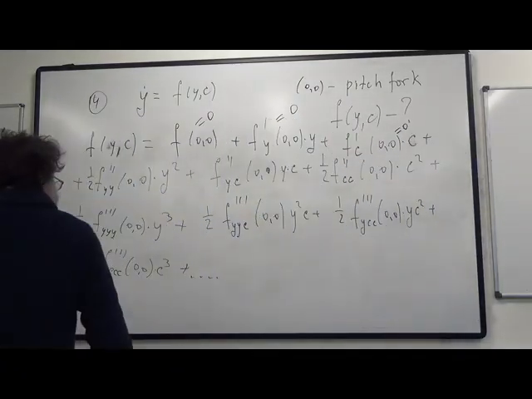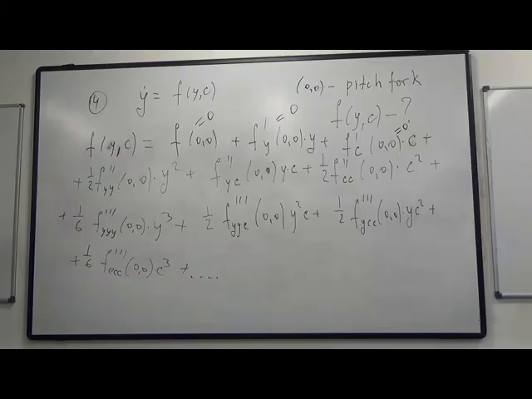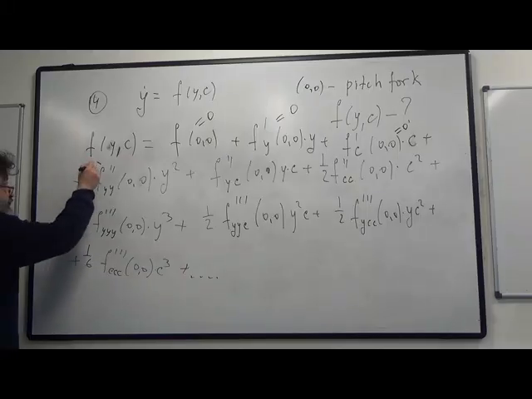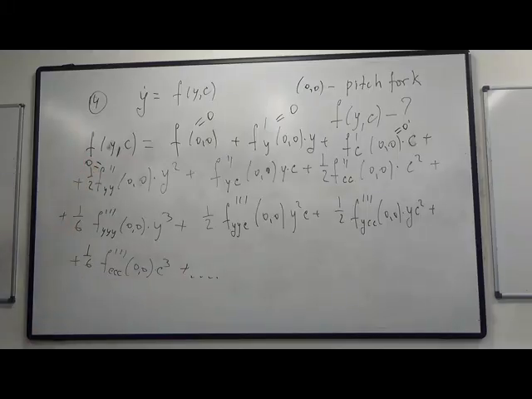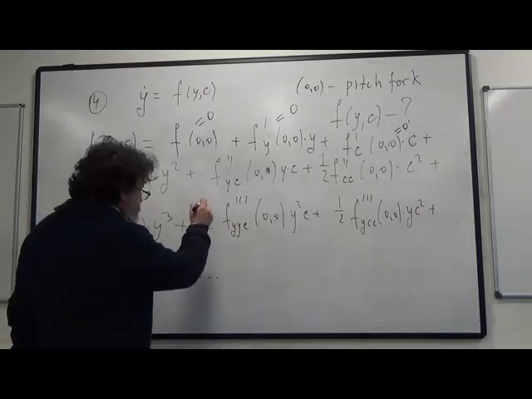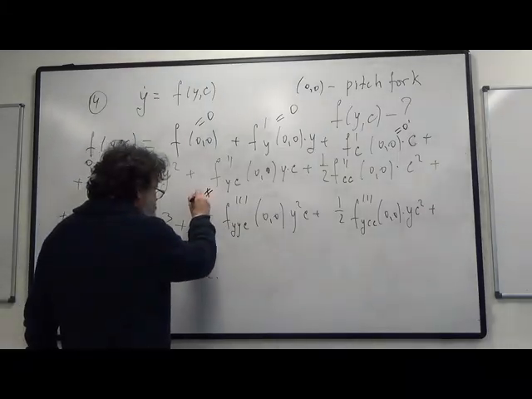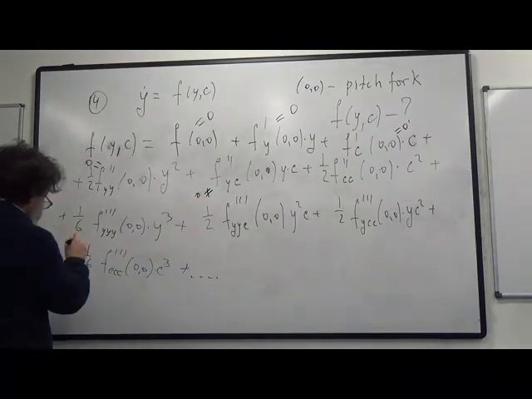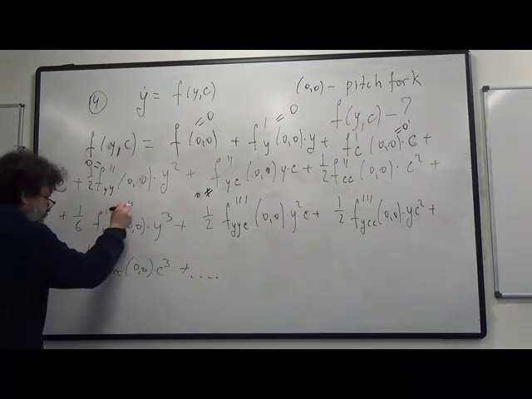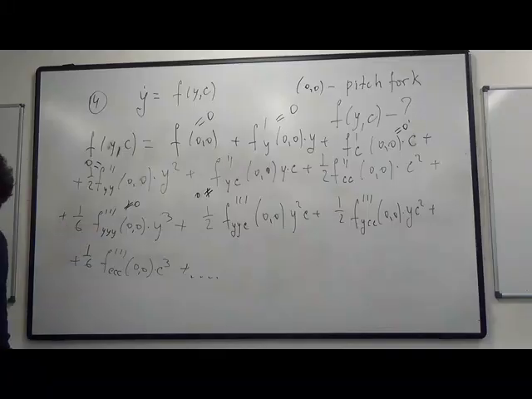Then, if this is not transcritical bifurcation, this should be 0. And this is all that we need. And then the extra conditions: this is not 0 and this is not 0. So these terms are important for pitchfork.